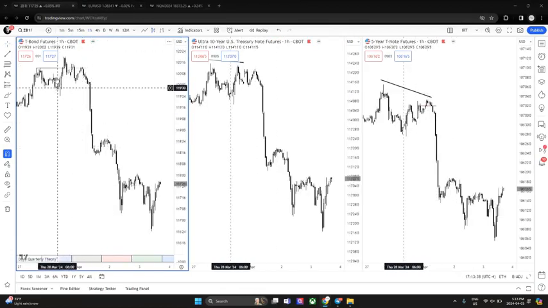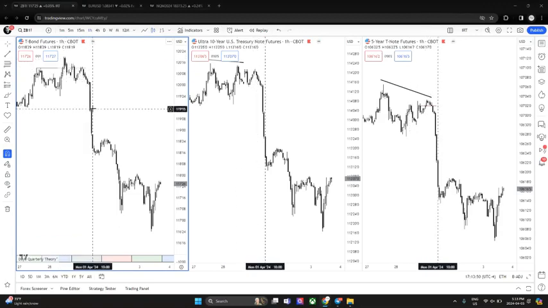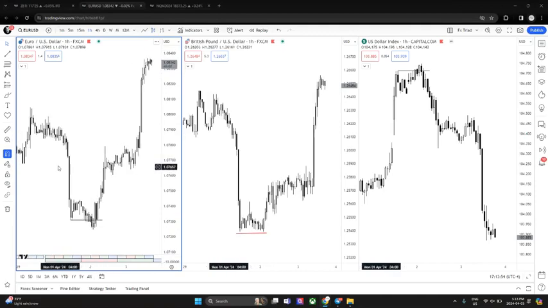So here, this high right here was formed on the 28th, Thursday. We had expansion Monday. On Monday's price session, we had expansion as well.